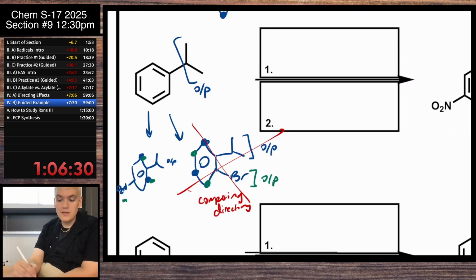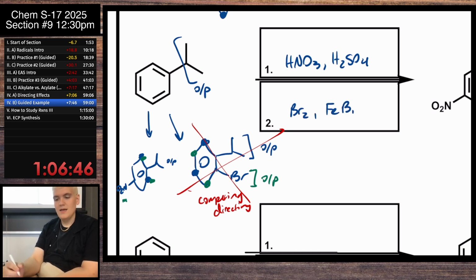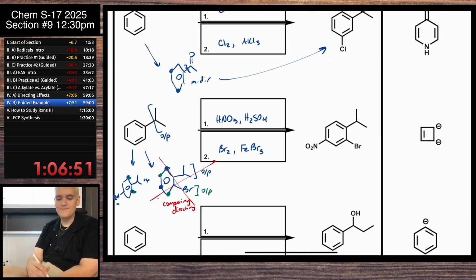And remember, the only thing that we cannot do after we add a nitro group is Friedel-Crafts. So this is going to be just fine and dandy. So we use HNO3 with H2SO4 to add our nitro group, and then we use Br2, FeBr3. My little mnemonic that's really, really basic is Cl is with Al and Br is with Fe.